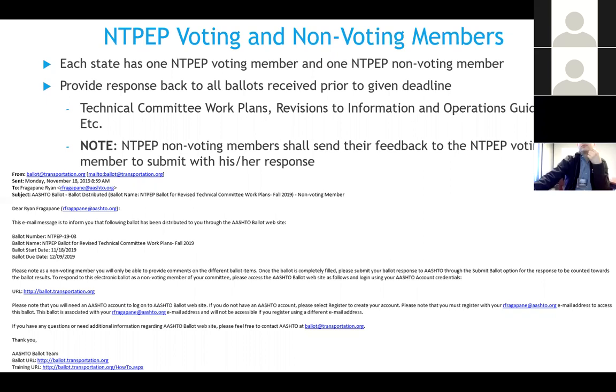It's extremely important that all the information being balloted through the ballot system for NTPEP gets to the correct people within each of the states. That will make sure we are carrying out the tasks for all 50 states and not just a select region or 25 or 30 states. We want every single state involved whenever a change or addition is made to either the operations guide or the technical committee work plan.